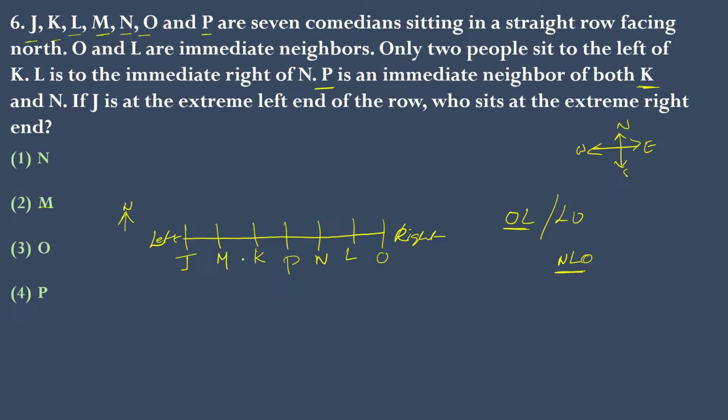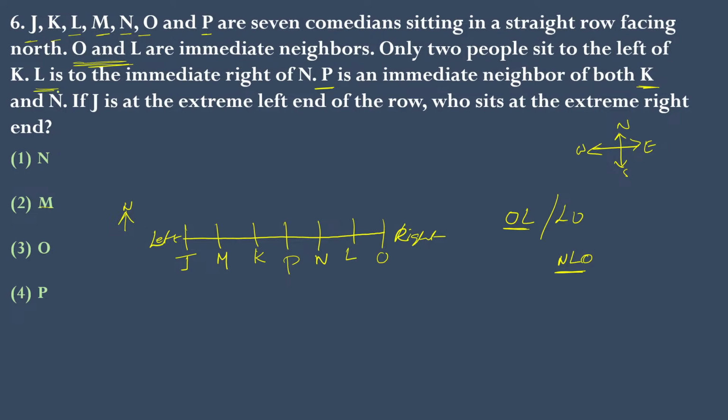Once again, see the question. Here O and L are immediate neighbors. Yes. Only two people sit to the left of K. Yes, only J and M sit there.